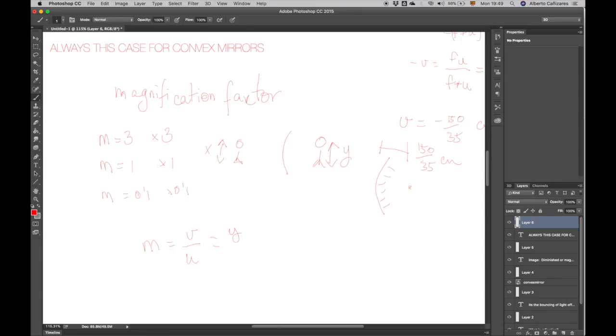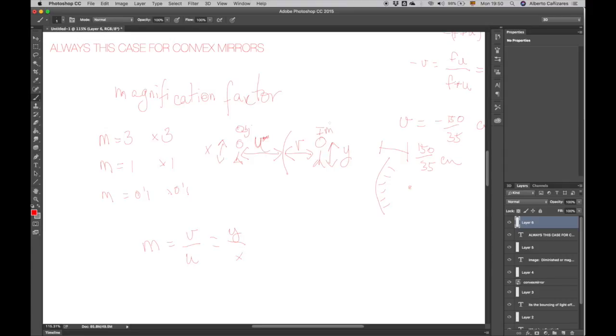Then y divided by x. So if this image is bigger than this x here, then your image has been magnified. And as it turns out, it also follows that it's v here for the image and u here for the object.